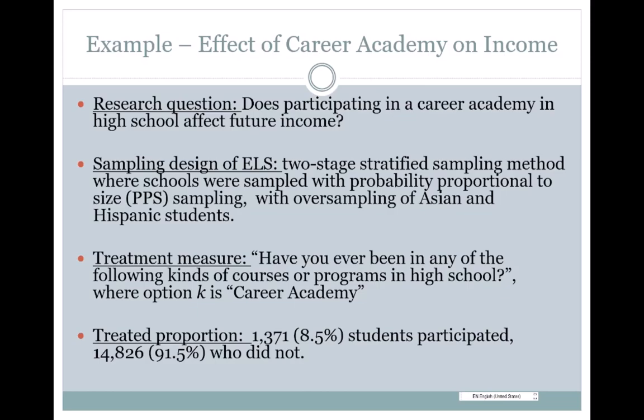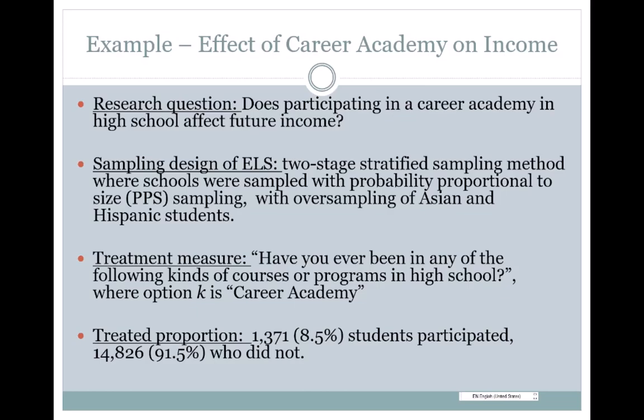Typically, if you were getting data from a national survey, you also have to be aware and account for the complex sampling scheme that's used in national surveys. In this case of the Educational Longitudinal Study, it's a two-stage stratified sampling method where schools were sampled with probability proportional to size, oversampling Asians and Hispanics.